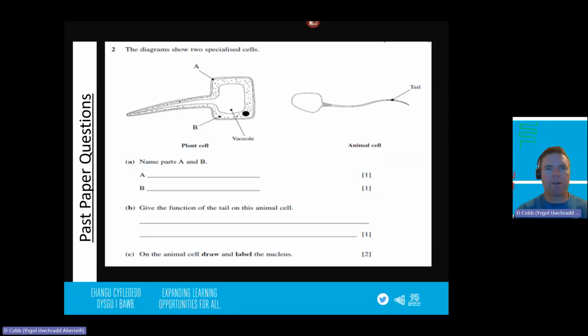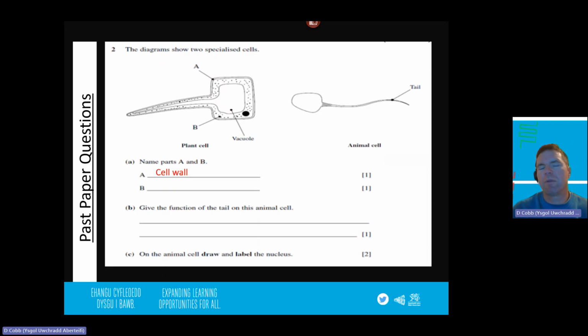Right, okay, so now we're at a plant cell and an animal cell, and we're looking at two specialized cells here. One from the plant, one from the animal, and I asked you to label parts A and B. So part A there is going to be the cell wall. The temptation is often to label the cell membrane, or to try and decide whether you should be labeling the cell membrane or the cell wall.